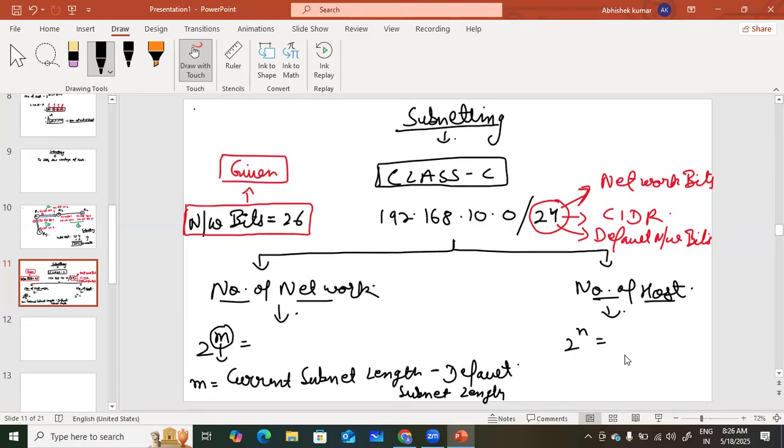Similarly, n is calculated as 32 minus current subnet length. These are the two things we need to find out. Any question from this slide? No question so far. Let's go further then.